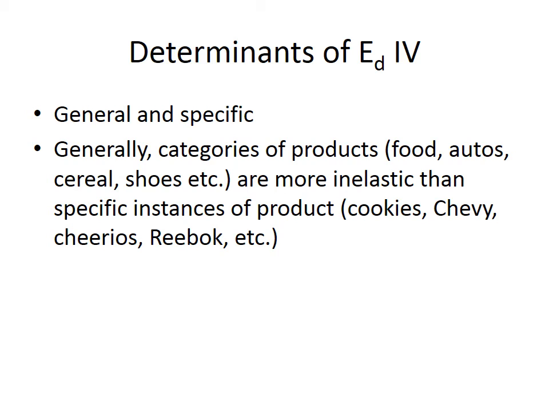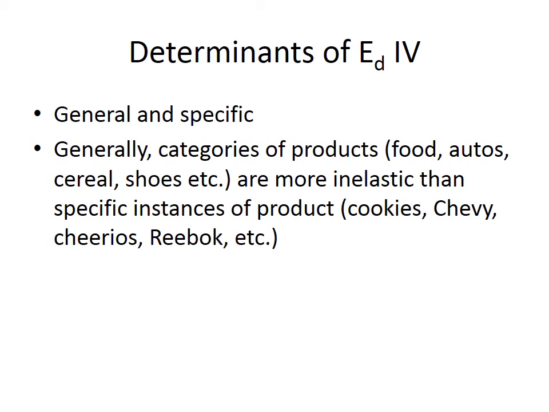For example, while it's true that food as a general category is very insensitive to a price change, within that general category you have additional sub-general categories, where you have ice cream, and beef, and bacon, and cereal, and bananas, and a whole host of other things.